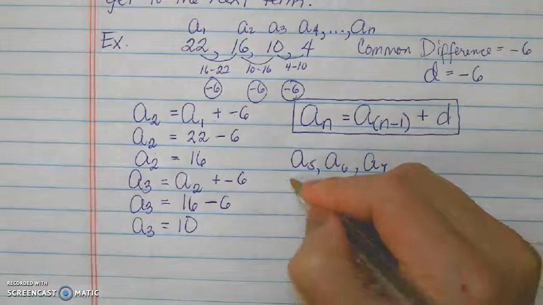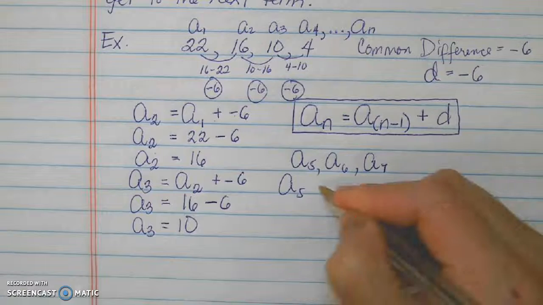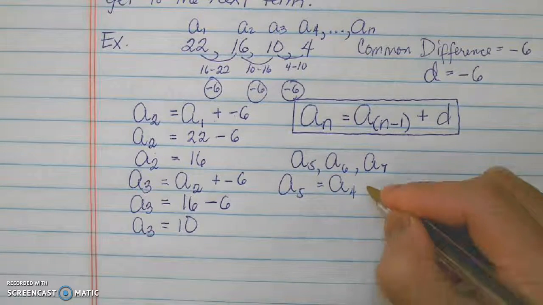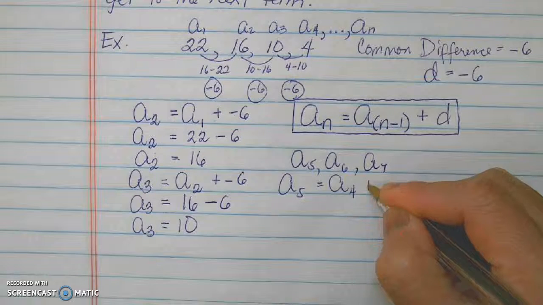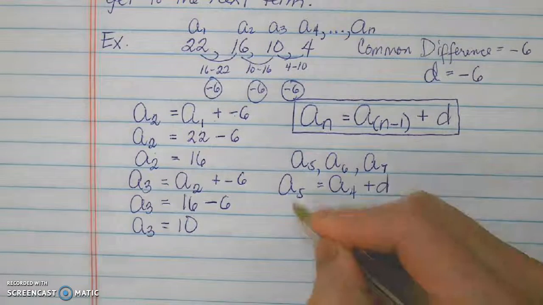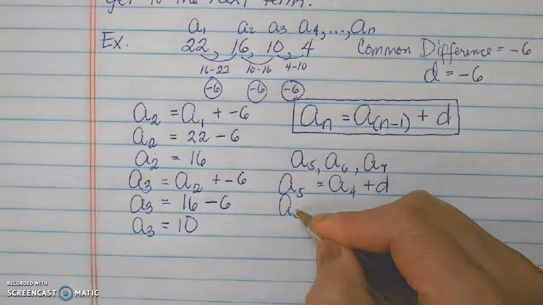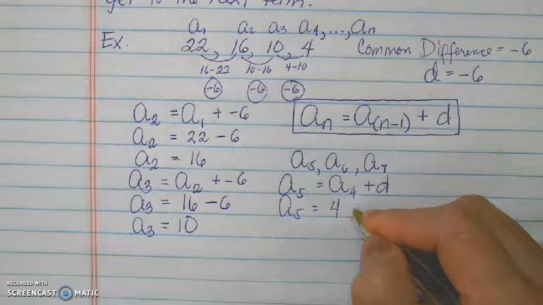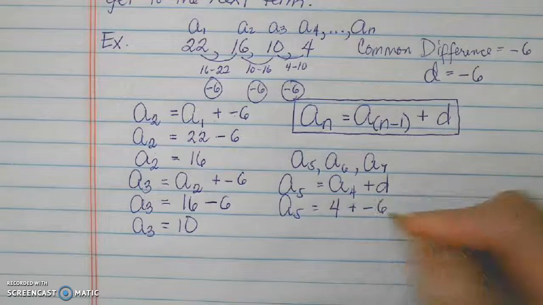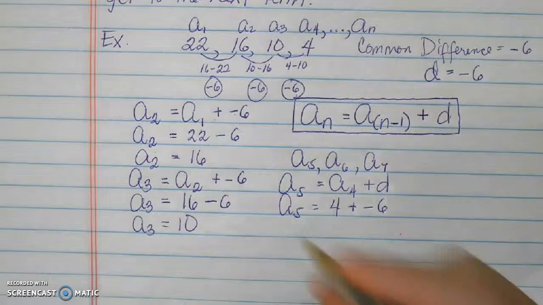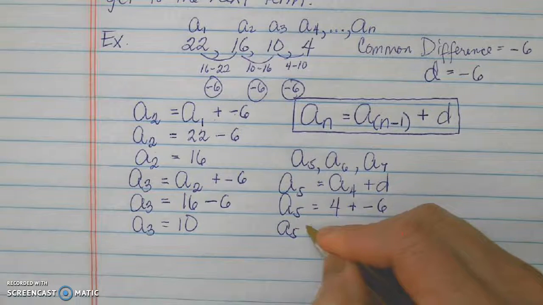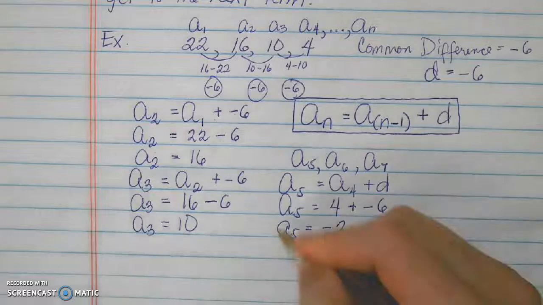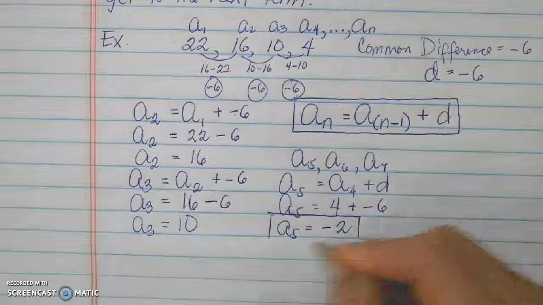If I'm looking for A5, I need my A4, which I will have to add to my D. So I have my A5, and my A4 is 4, and my D is a negative 6. So now my A5 is negative 2. Box that. We're not done.